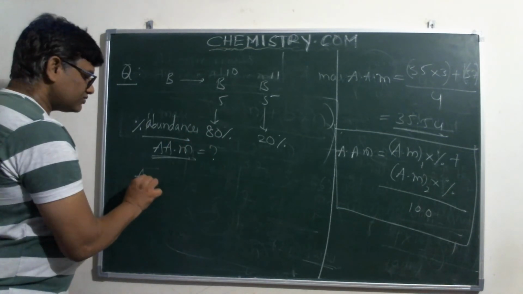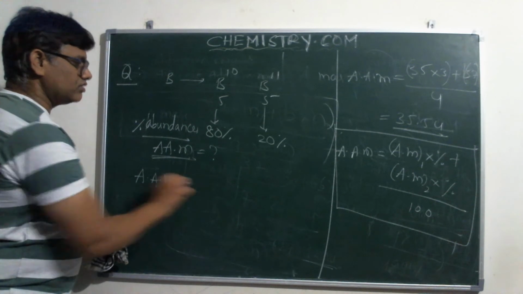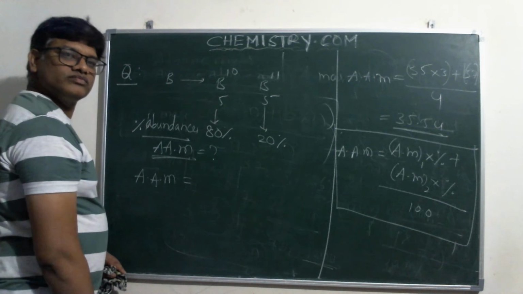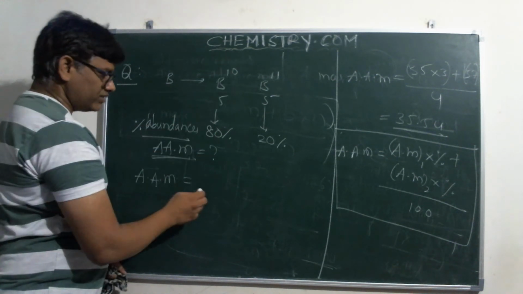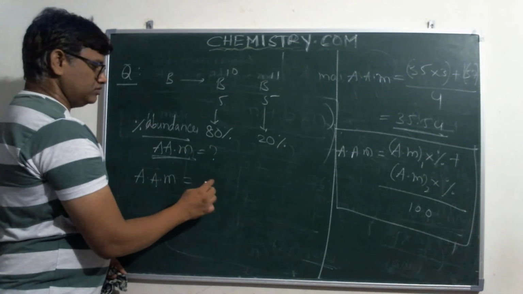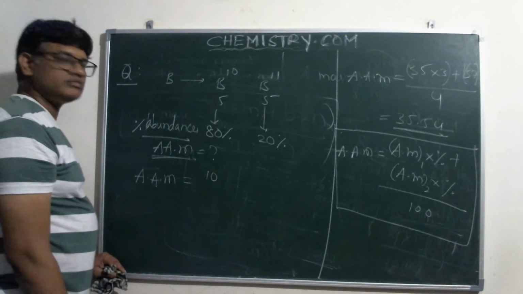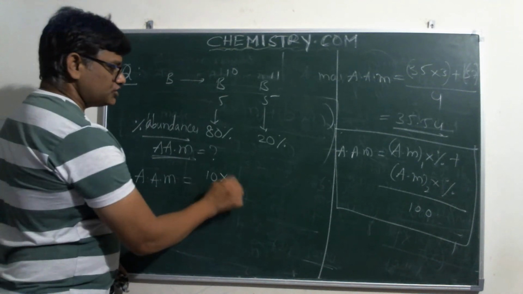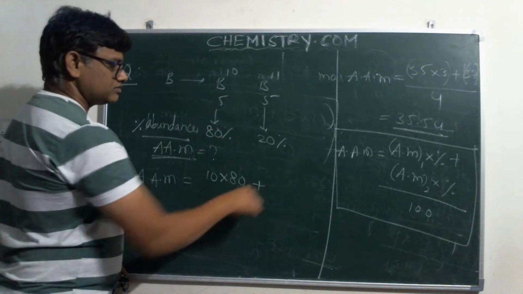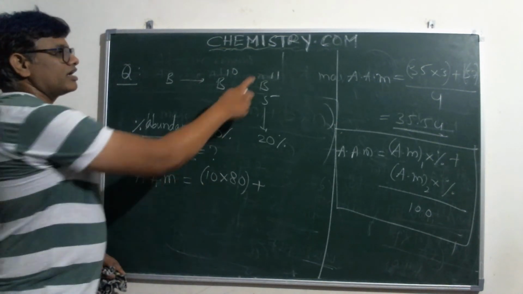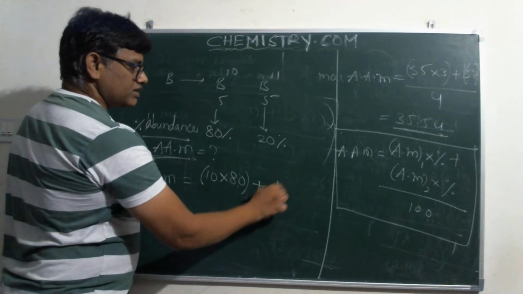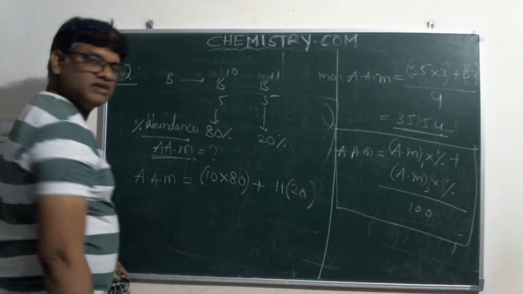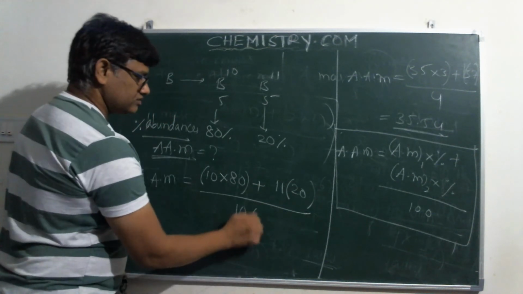Average atomic mass is equal to the atomic mass of one isotope, which I am taking as 10, into its percentage, plus the atomic mass of the other isotope of boron, 11, into its percentage abundance, divided by 100.